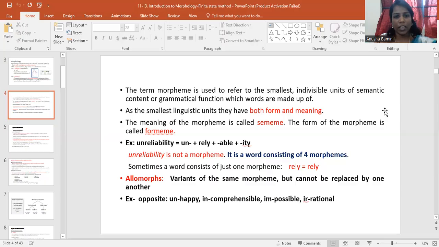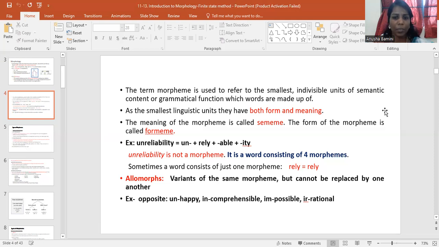Then, allomorphs are variants of the same morpheme that cannot be replaced by one another. For an opposite word, like happy, we can write unhappy. Then possible, impossible. Other than that, I can't add any other prefix to create some other meaning.